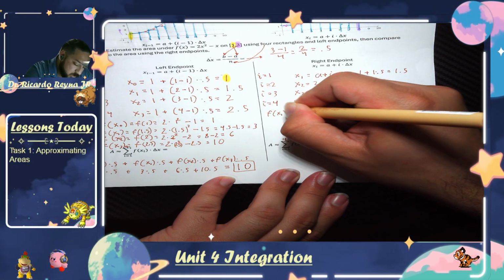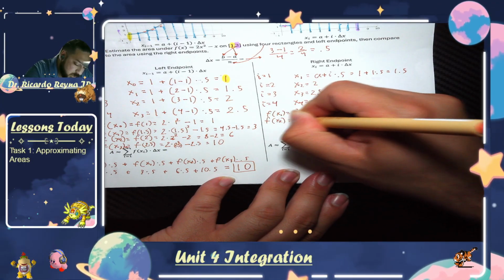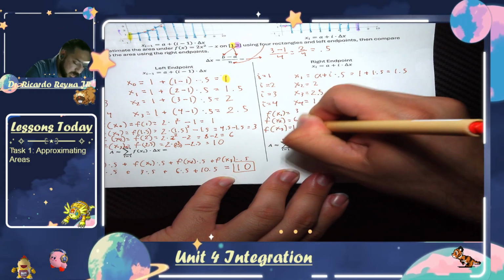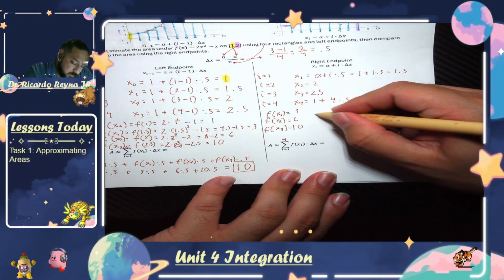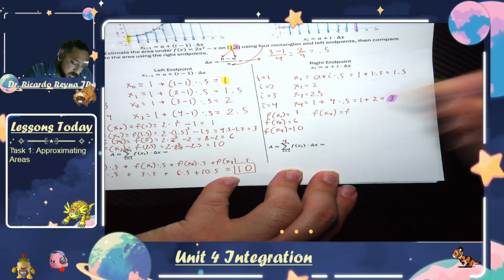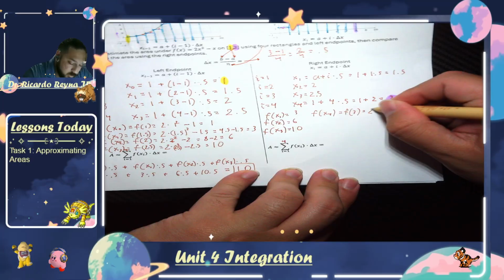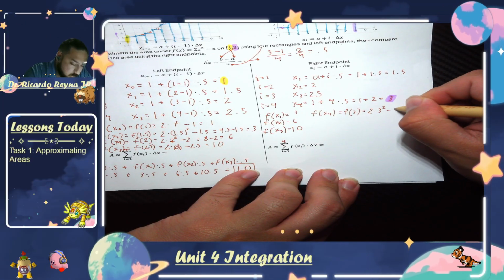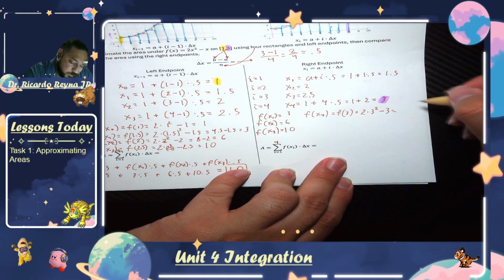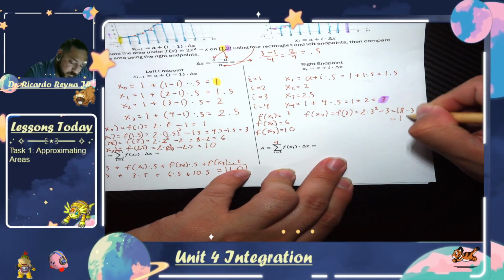So f of x1 is 3, f of x2 is 6, and f of x3 is 10. But now you need f of x4, which we said that x4 was 3. So you need f of 3. So we have 2 times 3 squared minus 3, which that guy is going to be 18, and then minus 3, and you're left with 15.